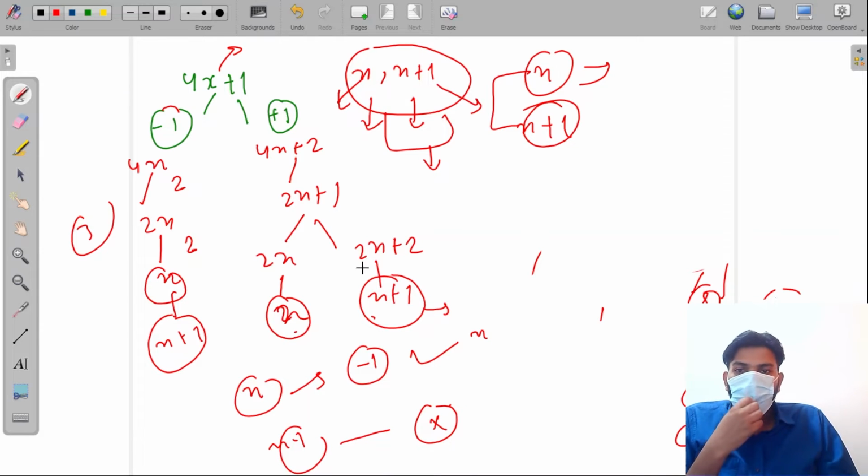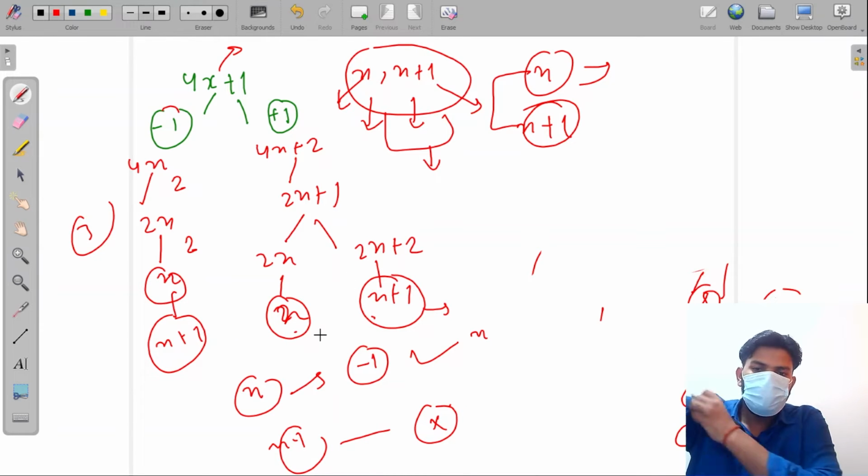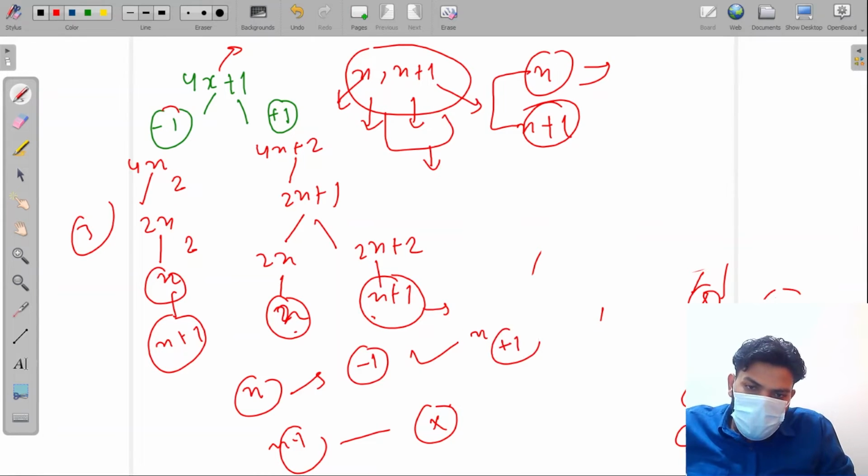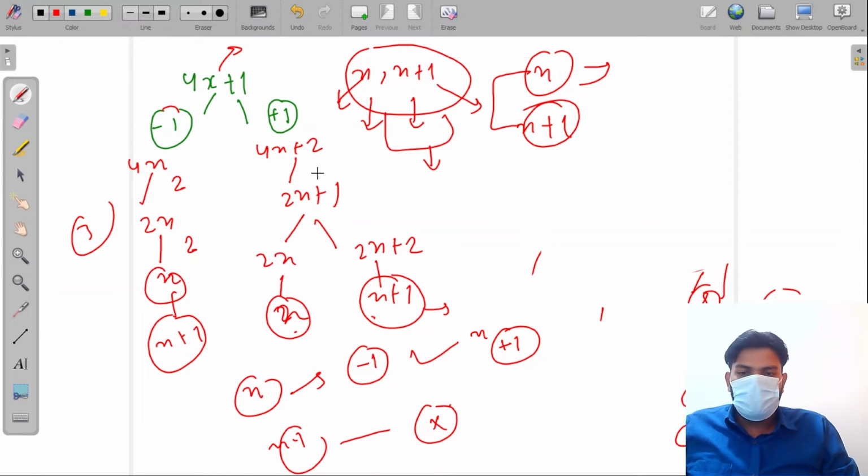So if you take x, then add plus 1. In this step you take plus 1, and then if you decrease this one, like if you take one step, this is minus 1, this is plus 1.